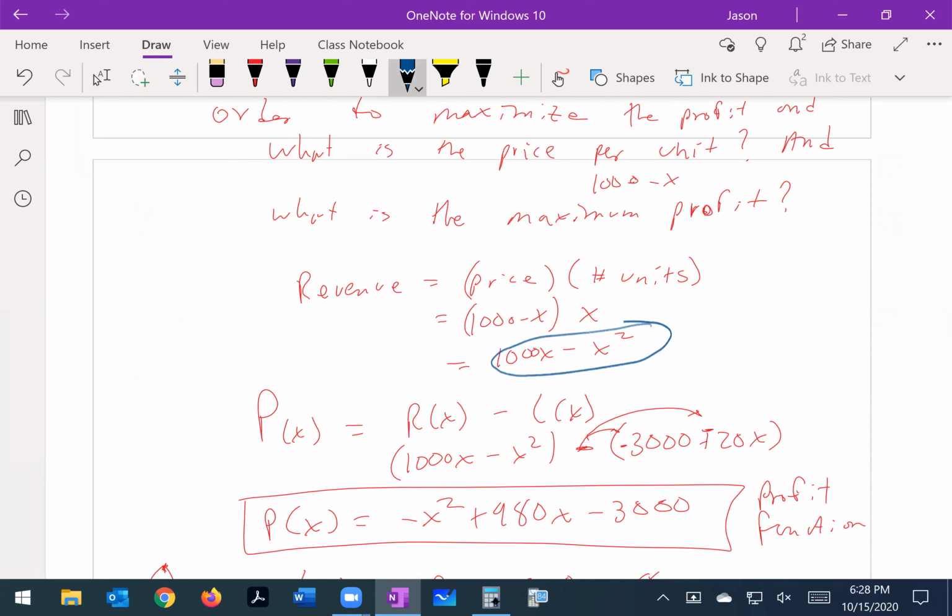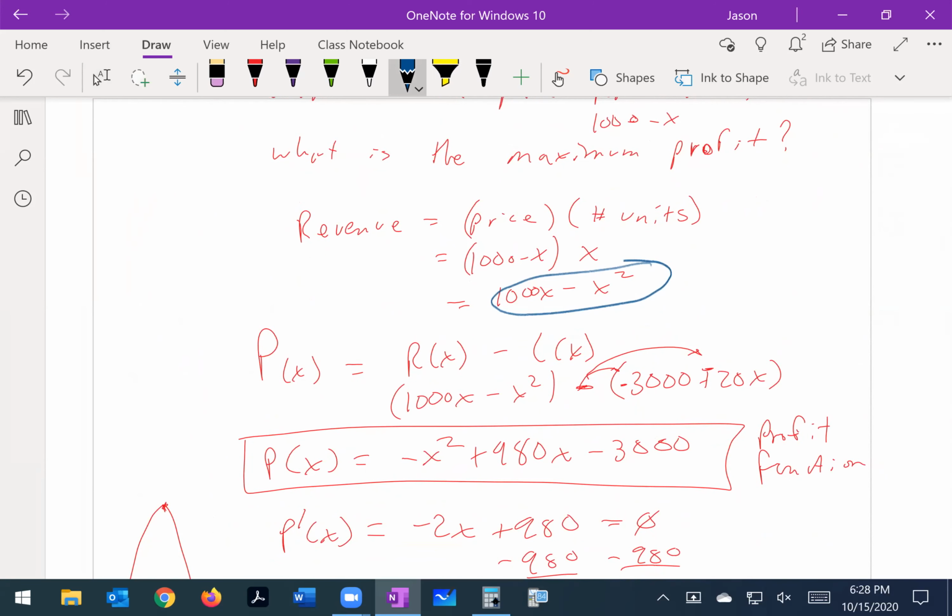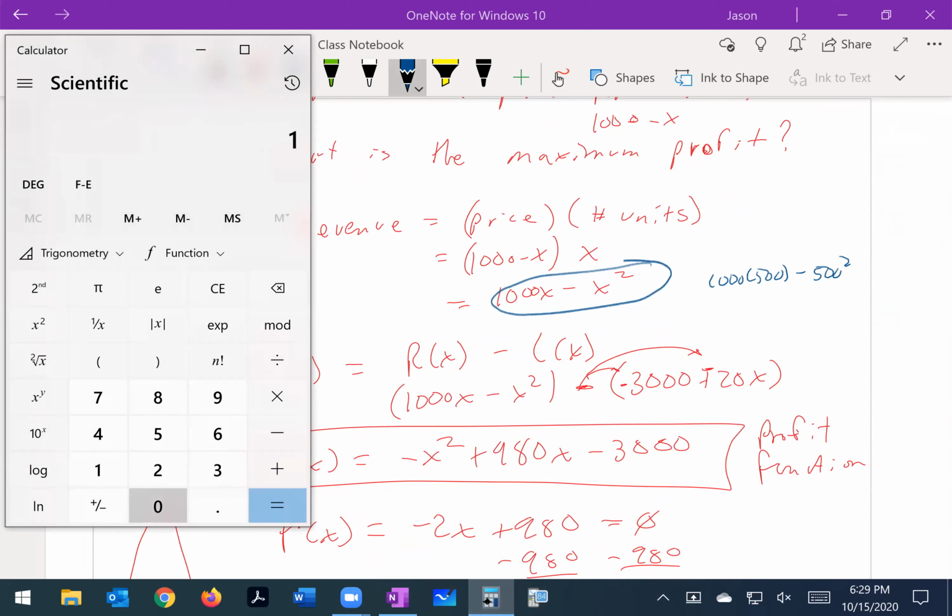I could figure that out. So 1,000 times 500 minus 500 times 500.